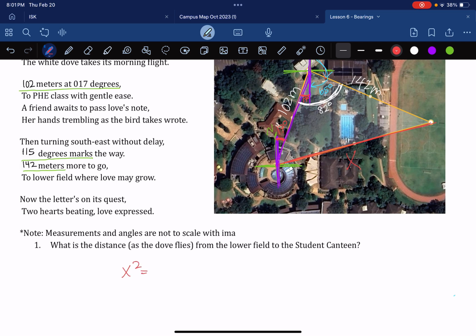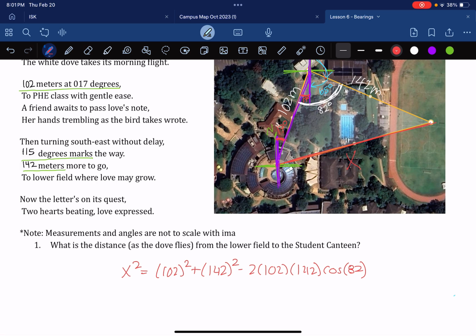Okay, so in order to do that, our opposite side is x squared, and then our other two sides would go inside of here. So x squared equals 102 squared plus 142 squared minus 2 times a times b times cosine of 82.